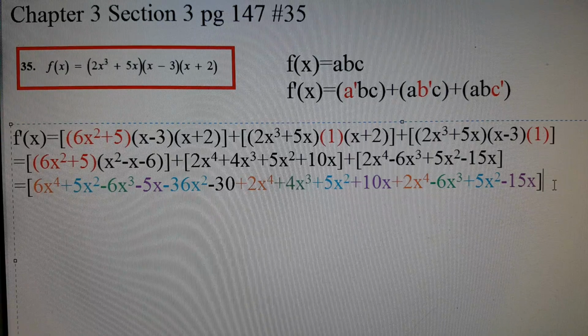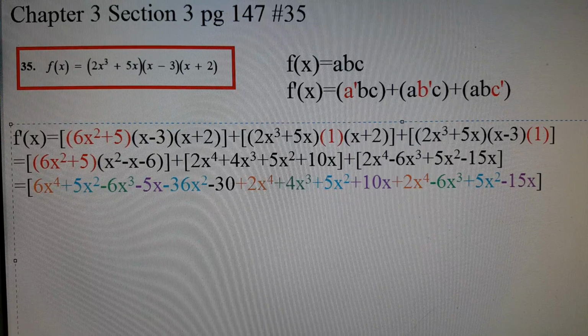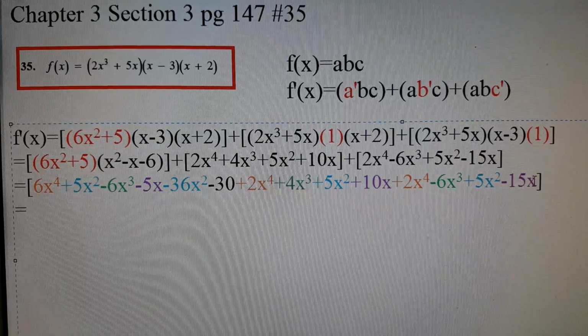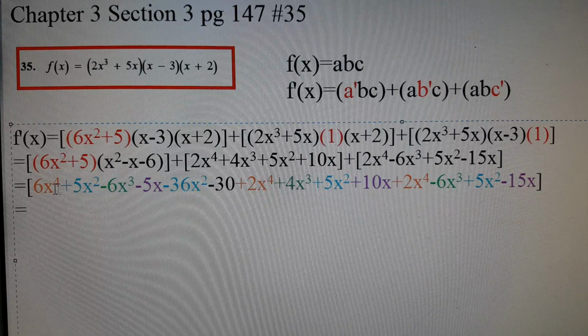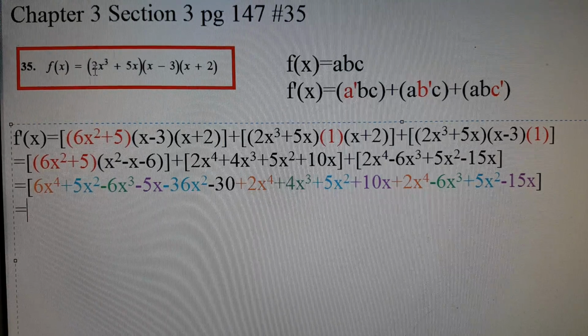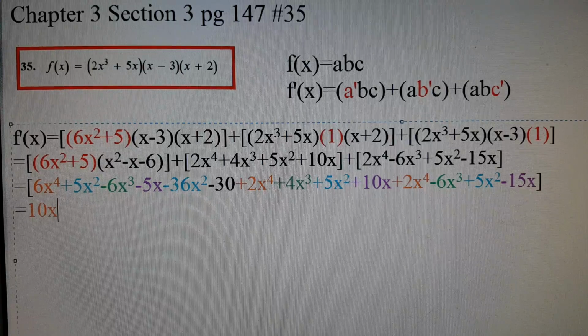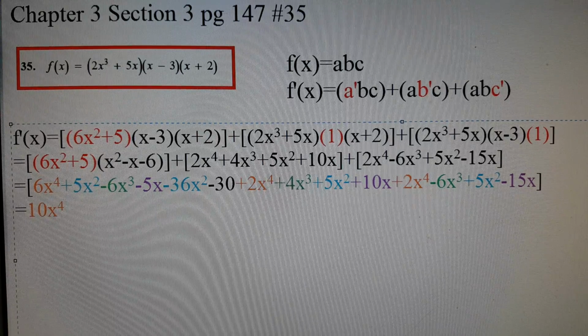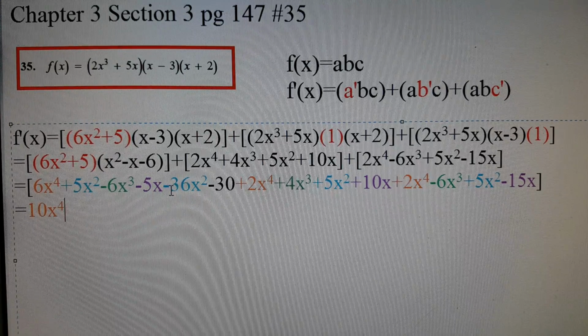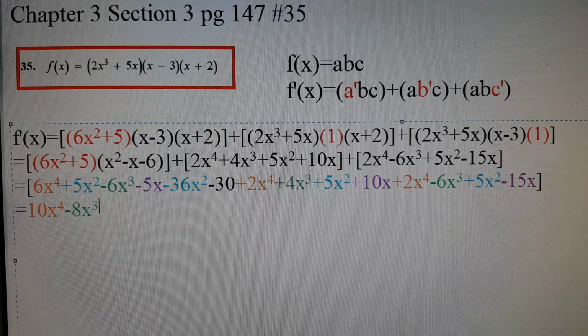So now we are going to combine the like terms. We'll start with the biggest one, x to the fourth. 6 plus 2 plus 2 is 10, so we get 10x to the fourth. We'll move on to our greens. -6 plus 4, -2 minus 6 is -8x to the third.